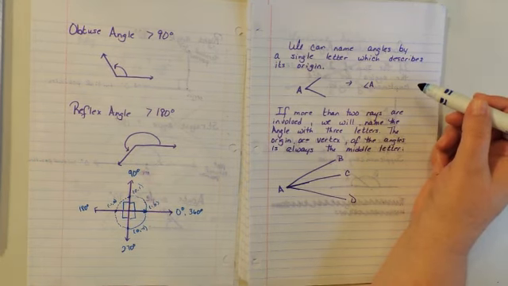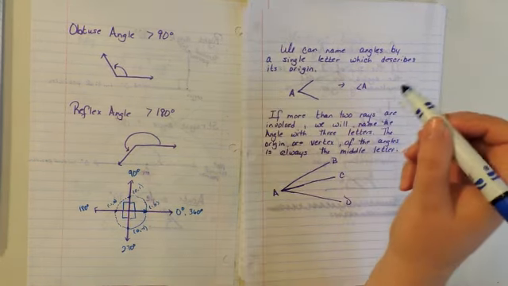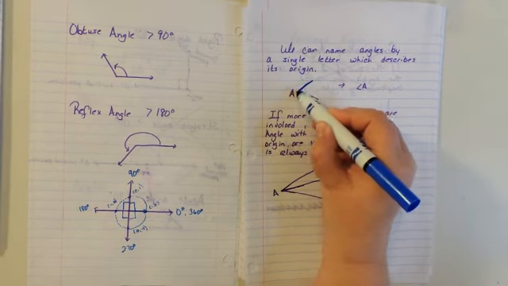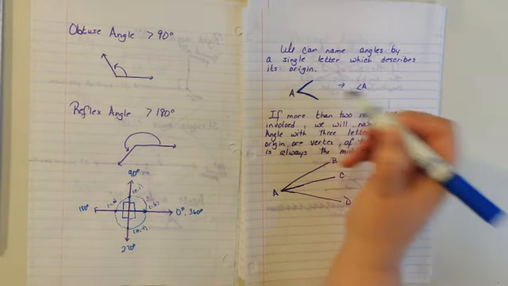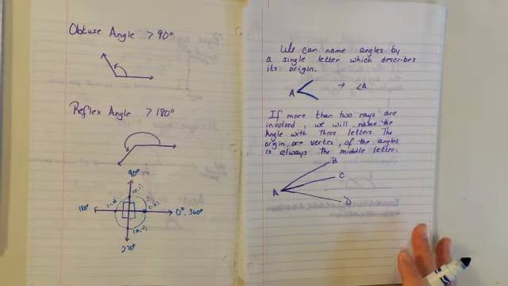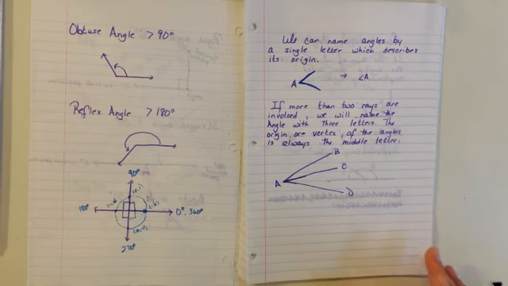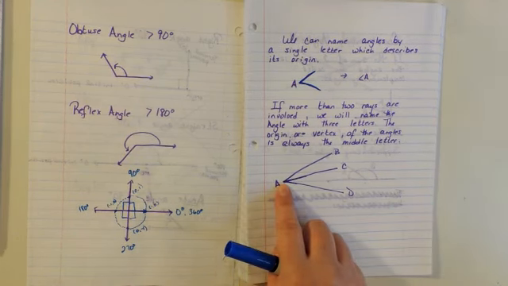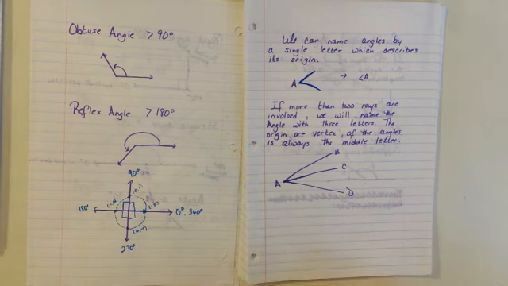Okay, we can name angles by a single letter which describes its origin. So here's an angle. Its origin is called A, so we can call this angle A. If more than 2 rays are involved, we will name the angle with 3 letters. The origin, which is also called a vertex when we're talking about angles, is always the middle letter.